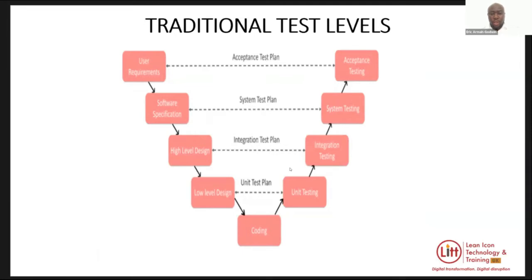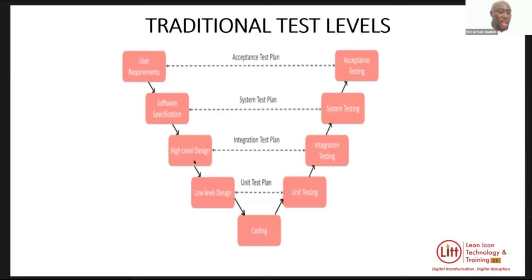You will notice that for each phase of development, there is a corresponding test activity. At the bottom we have the low level design, and on the right hand side we've got unit testing.